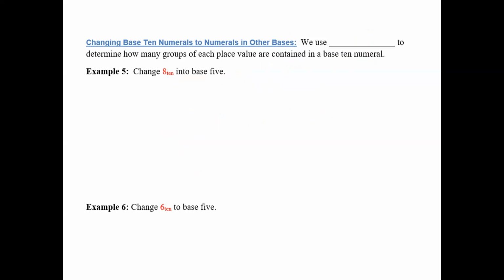All right, let's take a look at example 5. Example 5 is a little bit different because it's asking for changing base 10 numerals to numerals of other bases. And so what we're going to do here is place values in the base of 5, obviously, which is going to be 5 to the third, 5 squared, 5 to the 1, 5 to the 0.